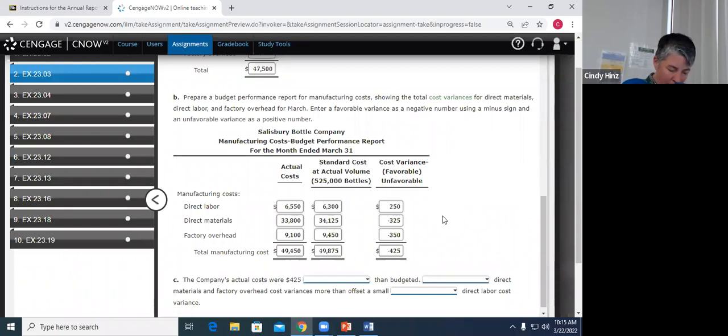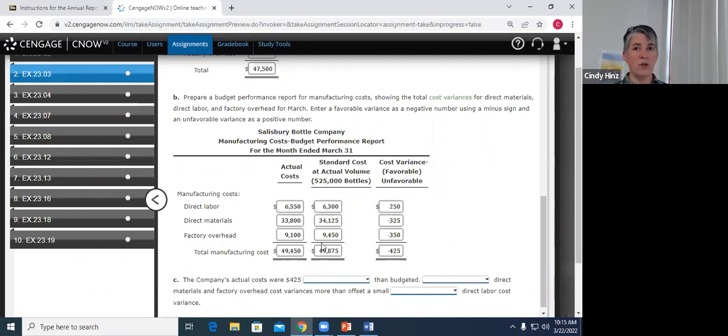So our total variance compared to budget is less than 1% of the total. Actually, it's only about 0.9% of the total.